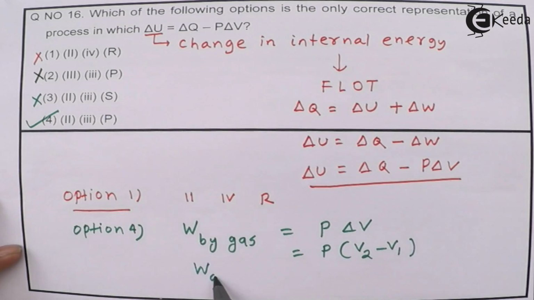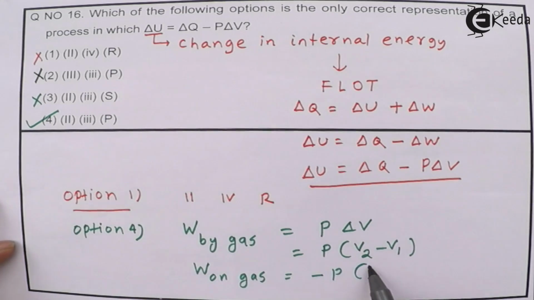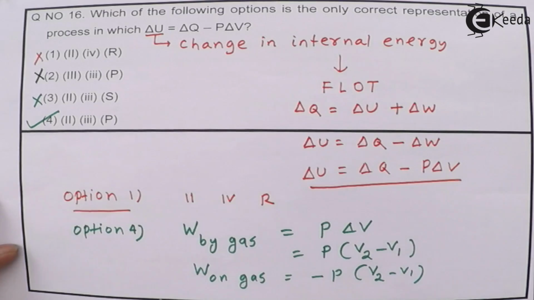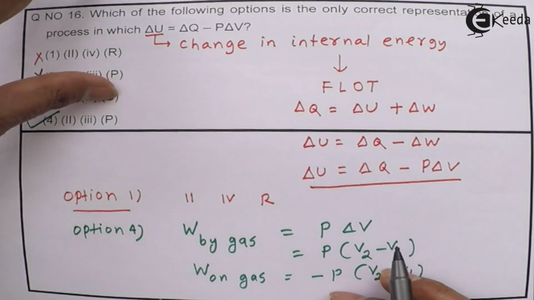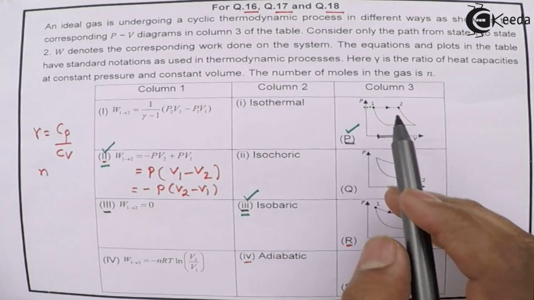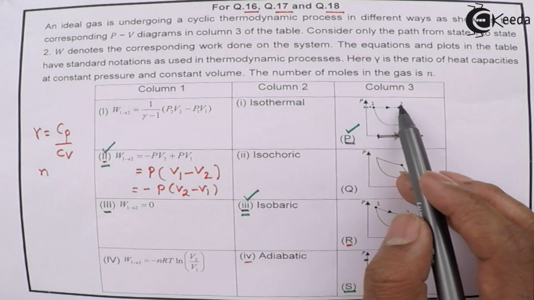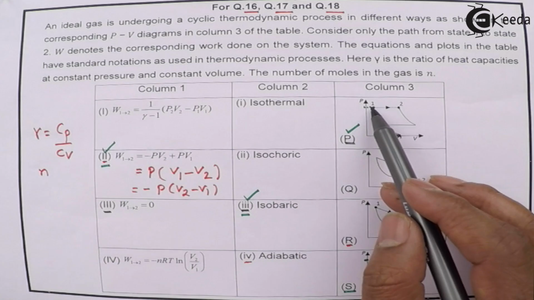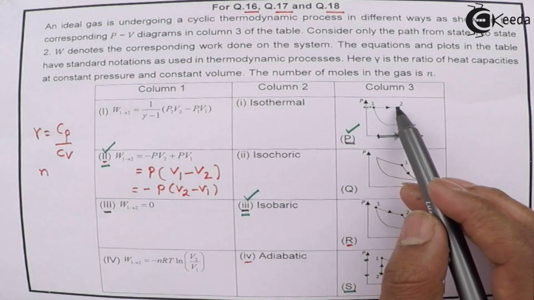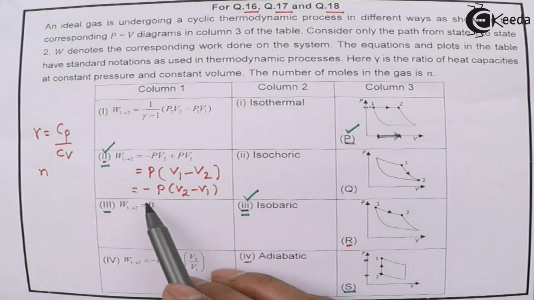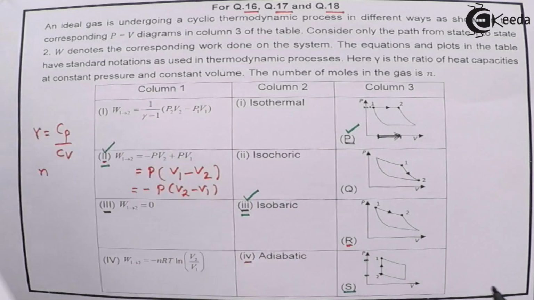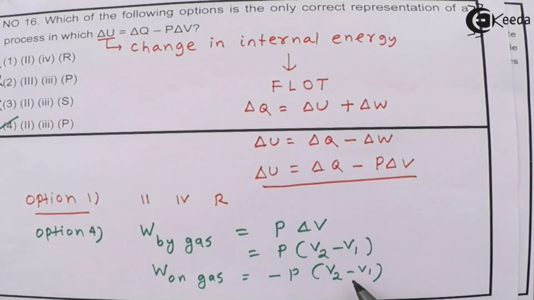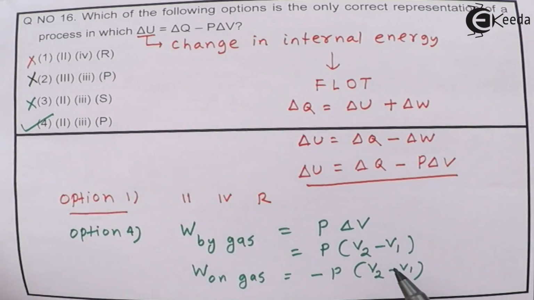And work done on the gas is minus P times V2 minus V1. So the work is done on the gas, and it is expanding from this volume V1 to certain volume V2 under constant pressure. So work done on the gas is minus P times V2 minus V1, and here also it is P times V2 minus V1. So this answer is correct.